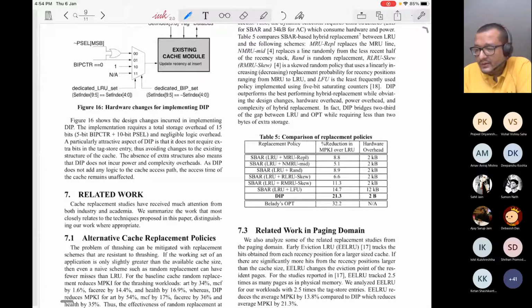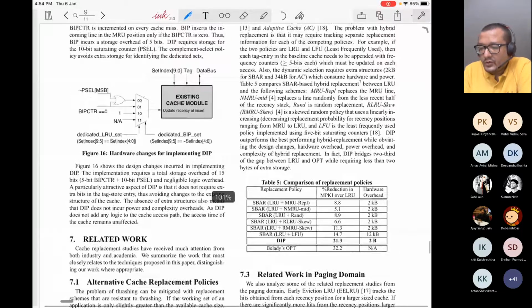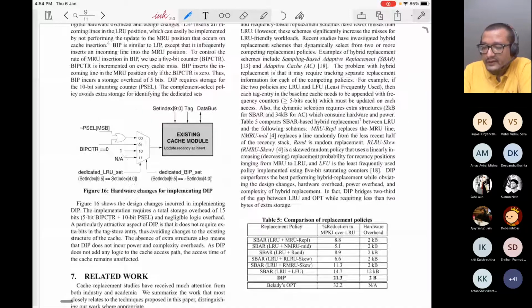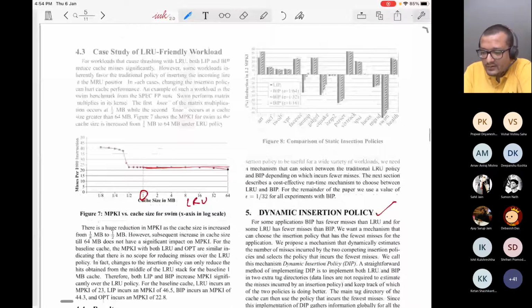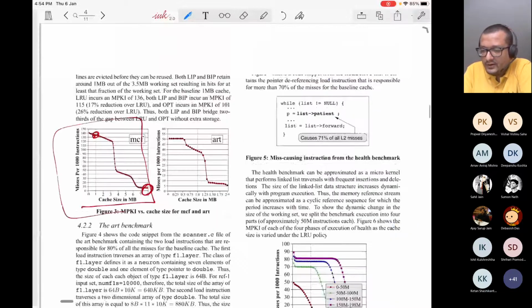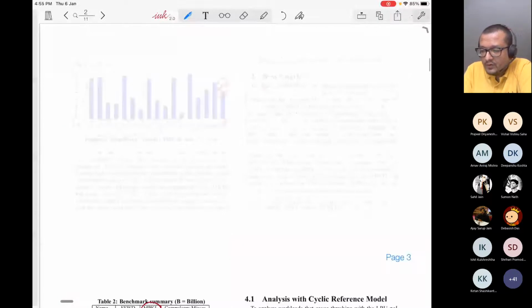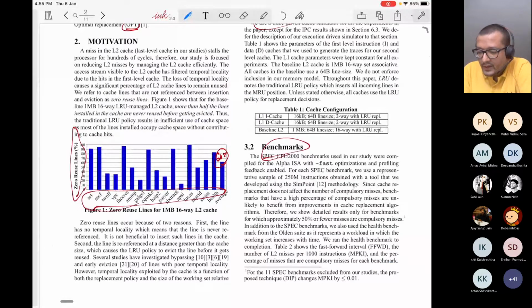But in the interest of time, I'm not showing other details. When you are reading the results section, you should go back to the intro again, right? Sometimes you may find that some things are not straightforward. Let's say, for example, in swim, we didn't get better performance. We should come back and see what happened with swim. With swim, around 50% of the blocks are not reused, but still there is no performance improvement.